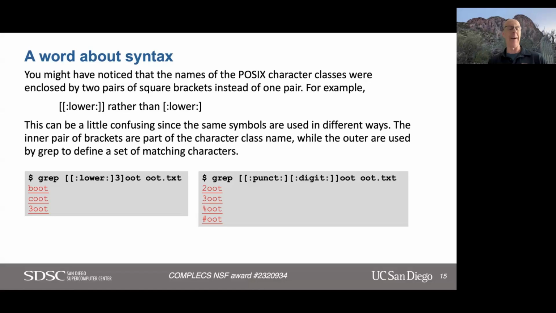So let's say that I wanted to, in the left example, match any lowercase letter or the digit 3 followed by OOT. So here I'm going to have my outer pair of square brackets, and then I'm going to have bracket colon lower colon bracket 3, and then closing bracket. We can see on the right that I was able to use two POSIX character classes, the class of punctuations and the class of digits.